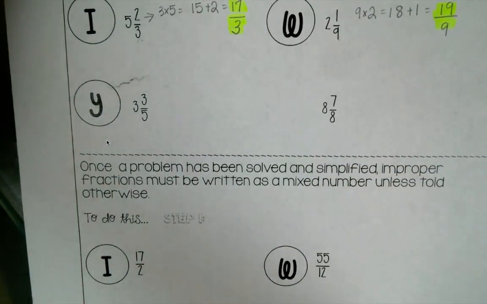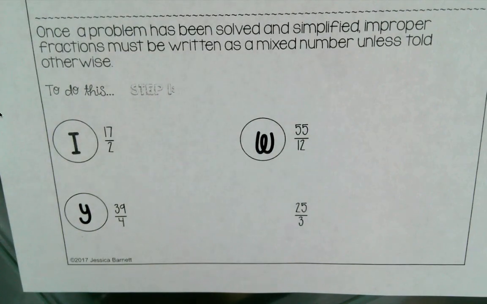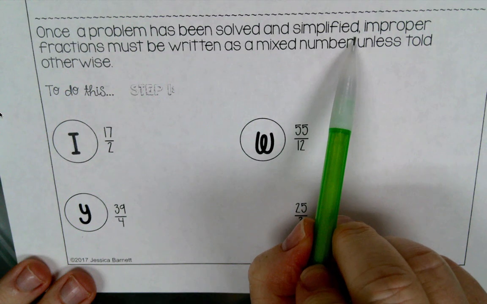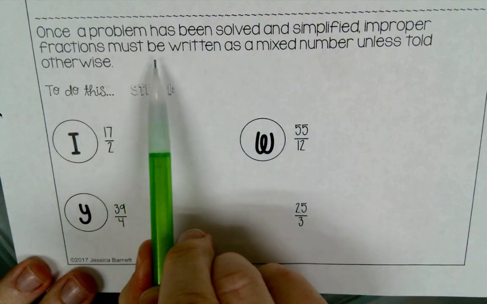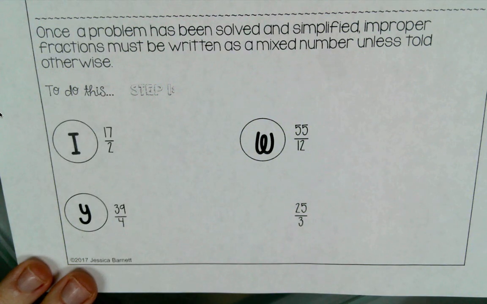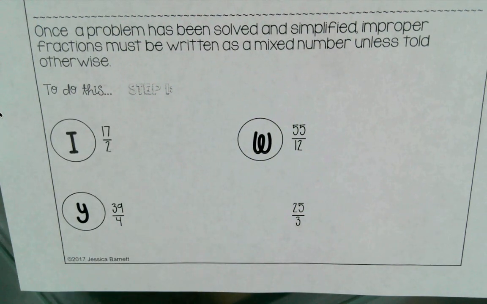But let's go over here to the bottom, because this time we have improper fractions. And it says, once a problem has been solved and simplified, improper fractions must be written as a mixed number unless told otherwise. Okay, so when you're dividing or multiplying fractions now, and you end up with an improper fraction, we need to turn that back to a mixed number.